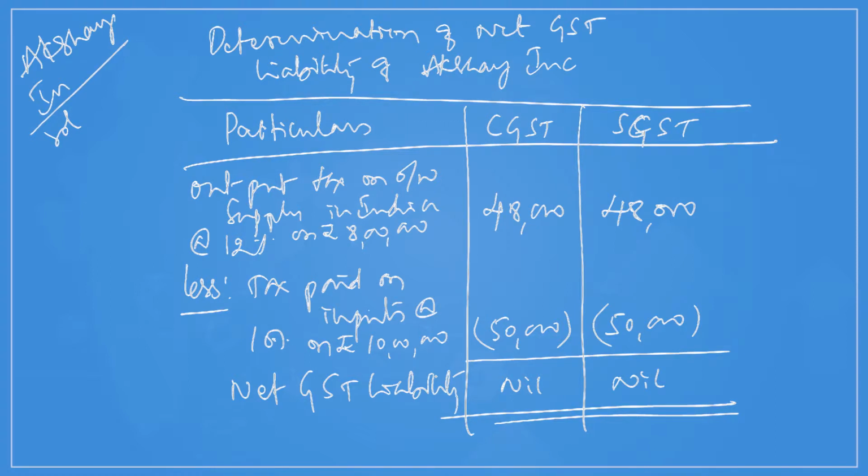Here input tax is more than output tax. The excess input tax credit of rupees 2,000 each can be carried forward for the next period, or it can be claimed as refund.